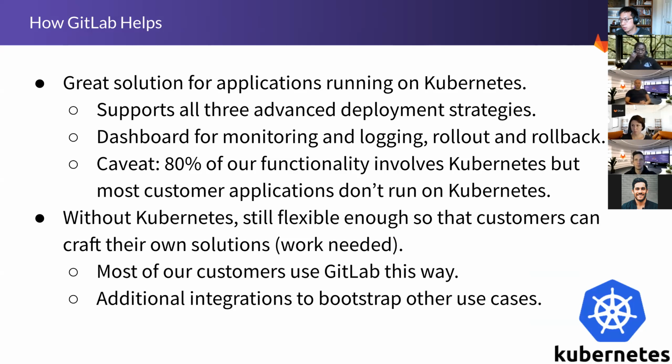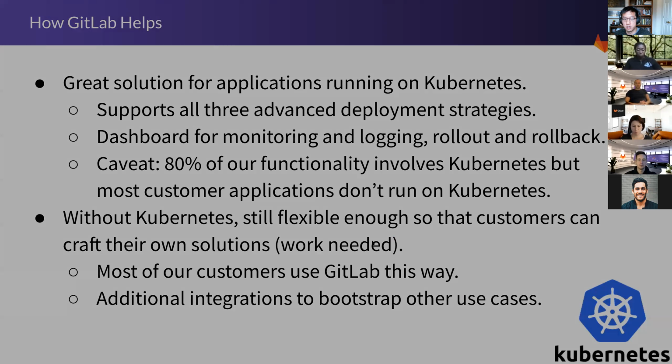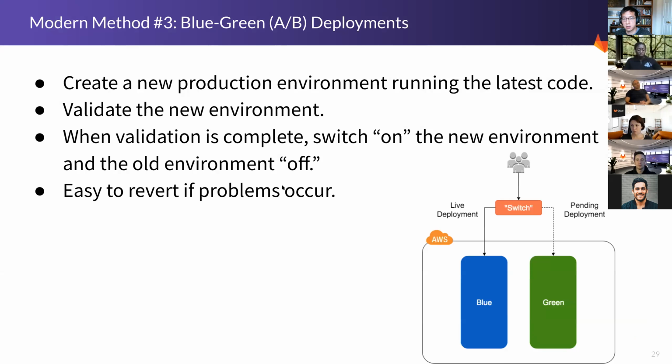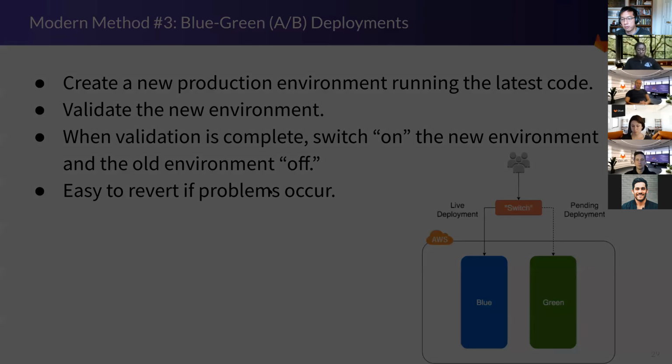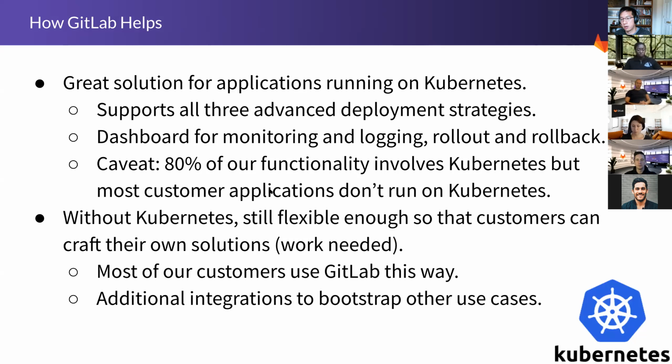If your customers are not deploying to Kubernetes, then you can still get all of this stuff to work, the A/B deploys, the rolling deploys and stuff, but it takes a lot more work. And so a genuine thing to say is that we have really great functionality if you're deploying to Kubernetes. If you're deploying to virtual machines or to VMware or something else like that, then you can still use our monitoring and our dashboards, but you should also consider using some other tools instead.